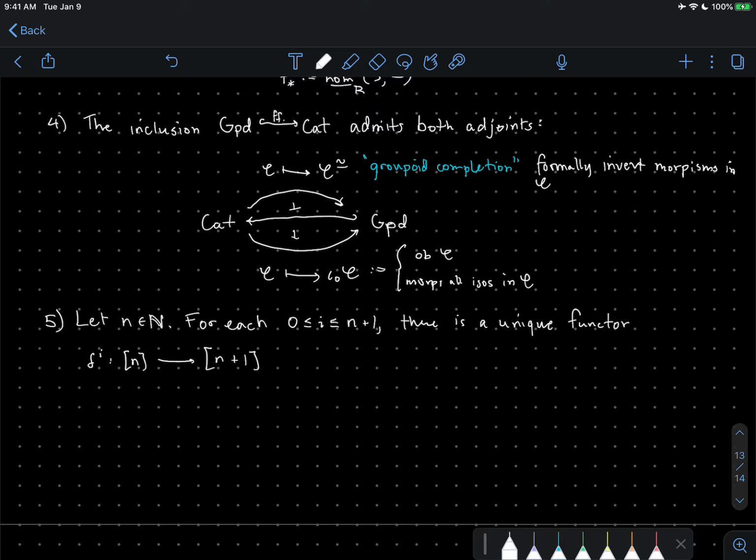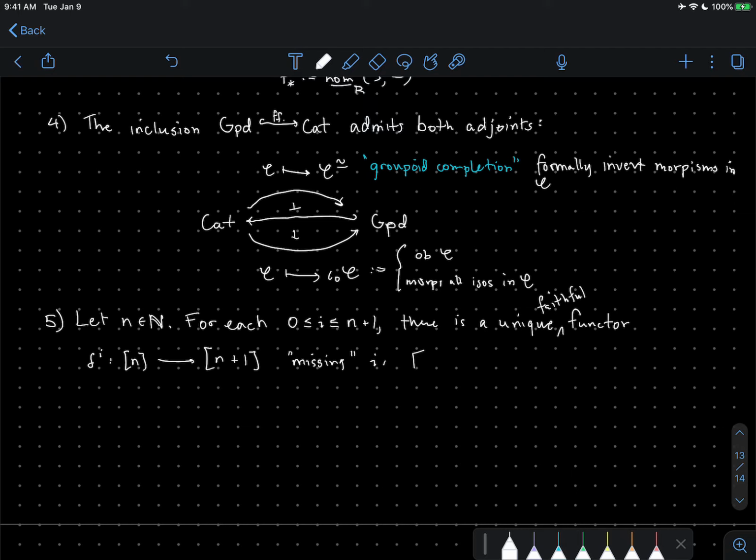that there's a unique injective, there's a unique faithful functor that misses i. So it's surjective on all objects except for i.